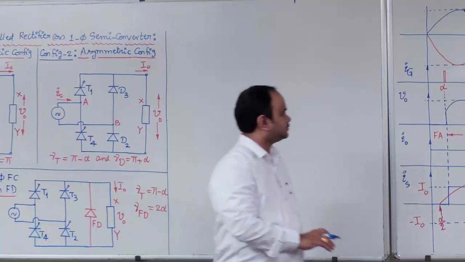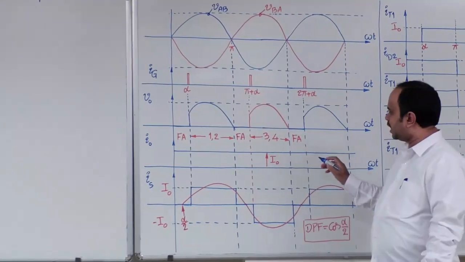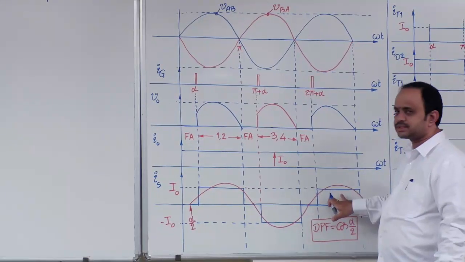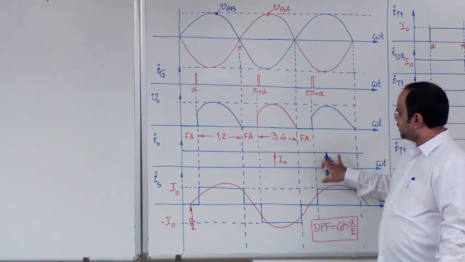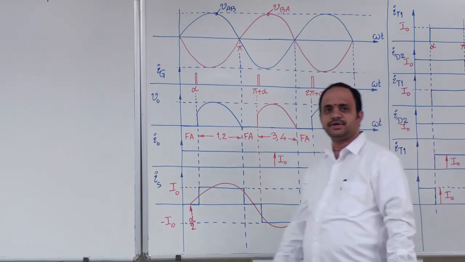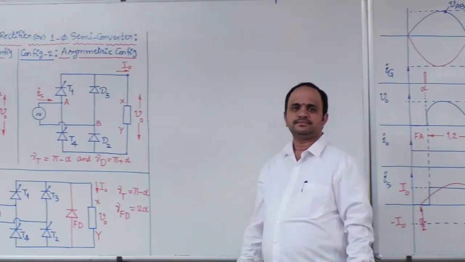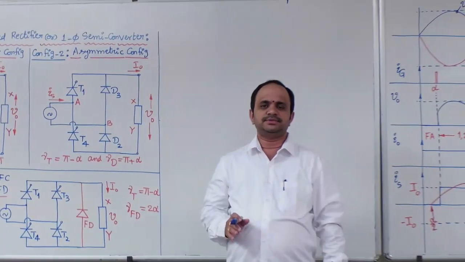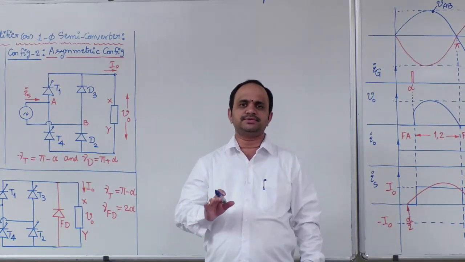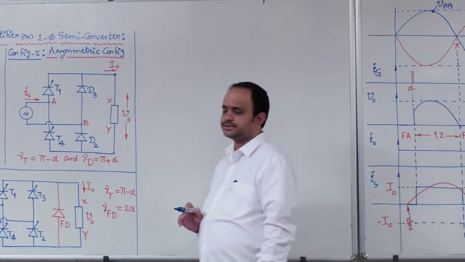If you see here, the output voltage, output current and source current waveforms are the same for the three configurations. Therefore, the calculations based on these three waveforms, V0, I0 and IS, are the same for the three configurations.